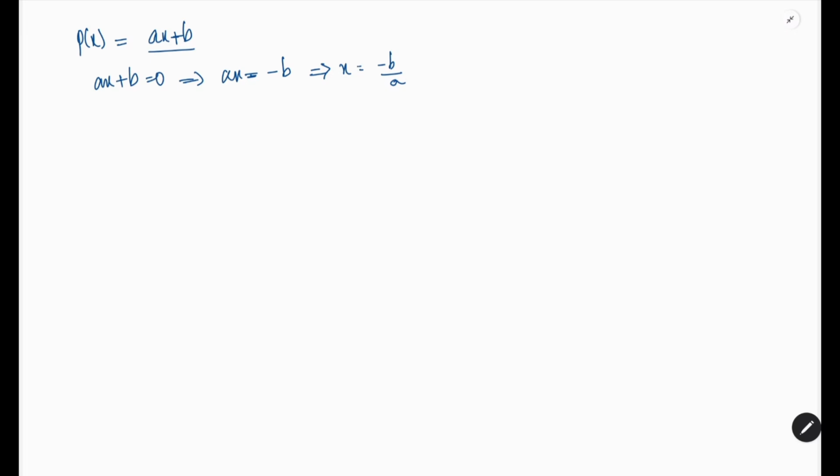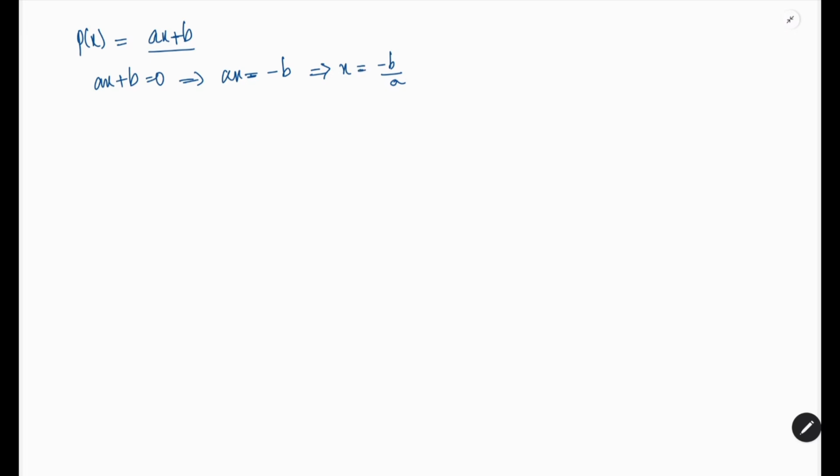If you take a linear polynomial p of x equal to ax plus b, and you want to find the zero of this polynomial, then ax plus b equal to 0. This implies ax equal to minus b and x equal to minus b by a.